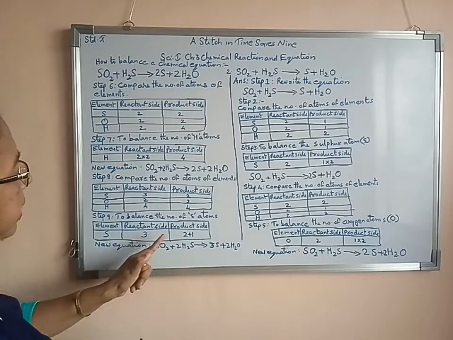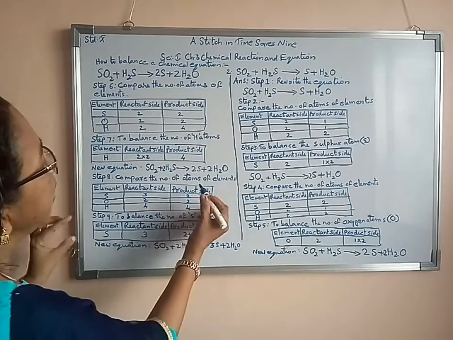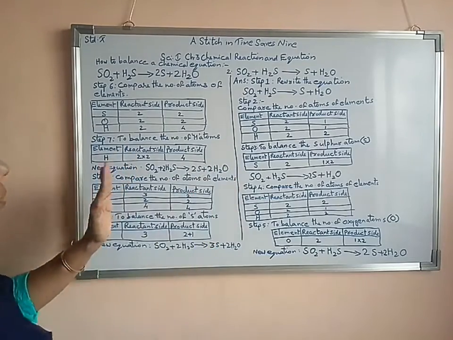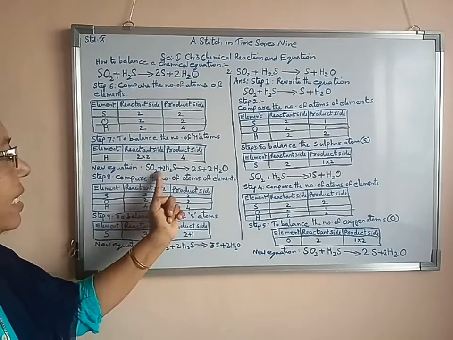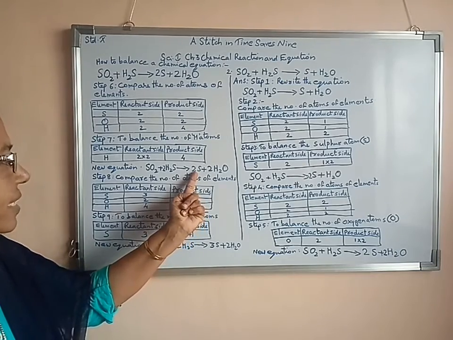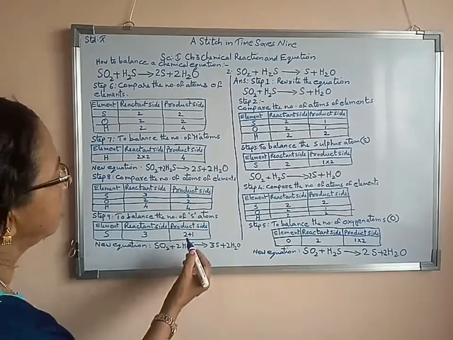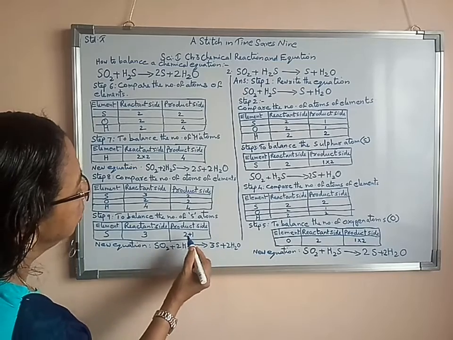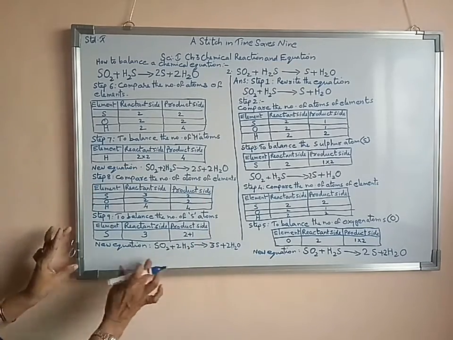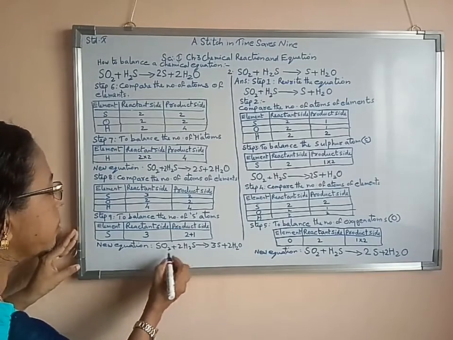Here sulfur 3, here also sulfur became 3. I touched only this place, the remaining is all the same, so no need of any correction in the other compounds. Only sulfur I changed, so instead of 2S it now became 3S. Because of that this is a balanced equation.